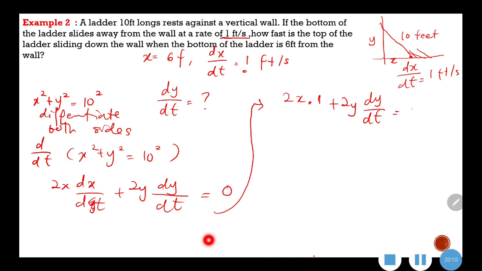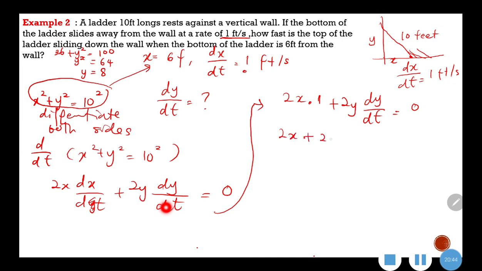Do we know what the value of y is? Can we find it from here? We can, because we know the value of x. x is 6, so 36 plus y squared equals 100. So y squared is 64 and y is 8. So now we know the value of y.